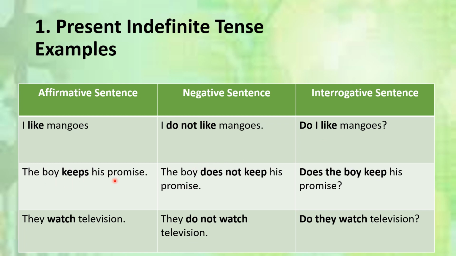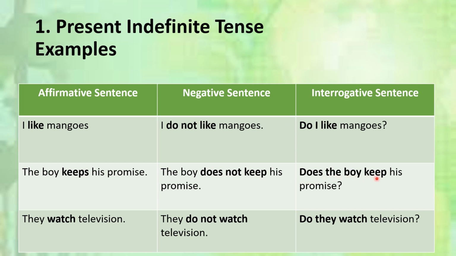The boy keeps his promise. I have added s with the first form of verb here because my subject was singular. The boy does not keep his promise. You can see that as our subject was singular, that is why does not is written in the negative sentence, and after does not, I haven't added s with keep because this is the rule that after do not or does not in the negative sentences, we do not add s or es.